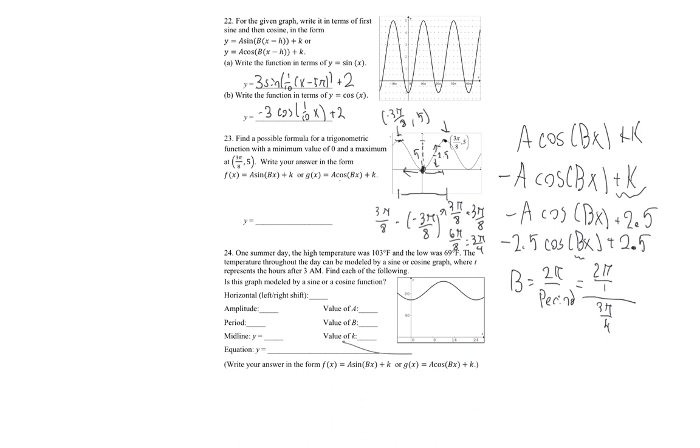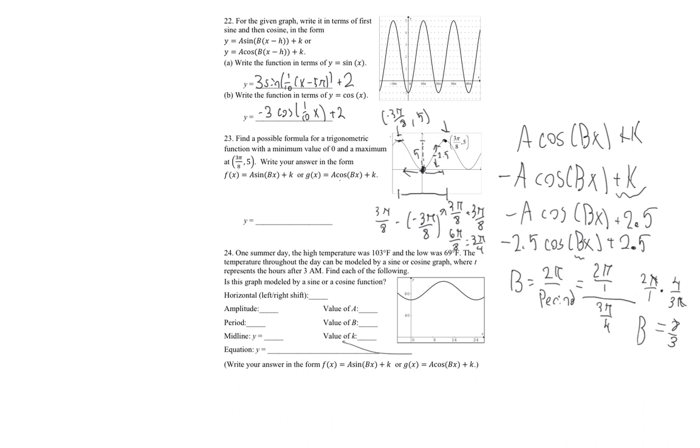So when I divide fractions, we keep the top one the same, we change it to multiplication, and we flip the bottom one over. So the pi's cancel. 2 times 4 is 8. 1 times 3 is 3. So that means our b value is going to be 8 over 3.